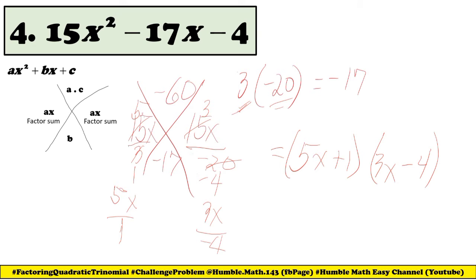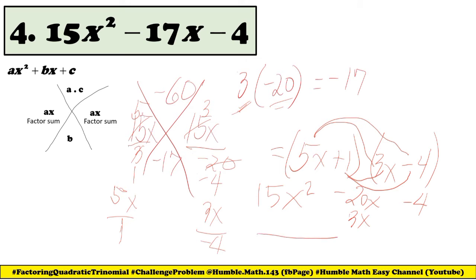Let's check further. 5x times 3x is 15x squared, then 5x times negative 4 is negative 20x. Then 1 times 3x is 3x, and 1 times negative 4 is negative 4.